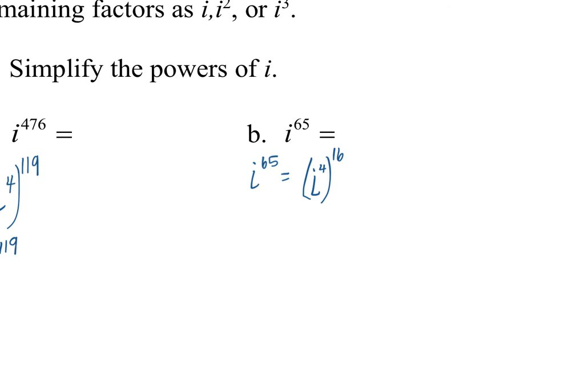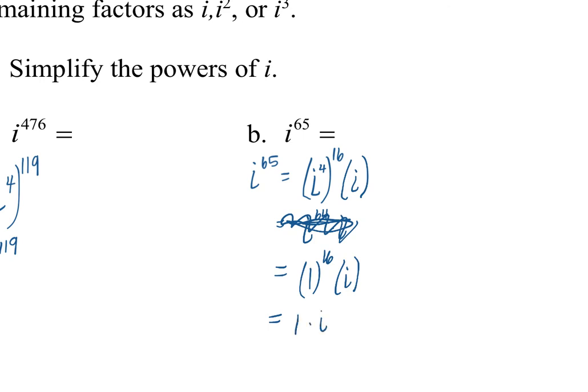And then I could multiply by i again. And this would be i to the 64th and i, which is i to the 65th. Now, I'm not going to rewrite it like that because I'm still trying to find out what i to the 65th is equal to. Anyway, i to the 4th is equal to 1. So I'm going to replace i to the 4th with 1, and I'm going to call this to the 16th power. And i is just equal to i. So 1 to the 16th is 1. i is i. Our answer is i.